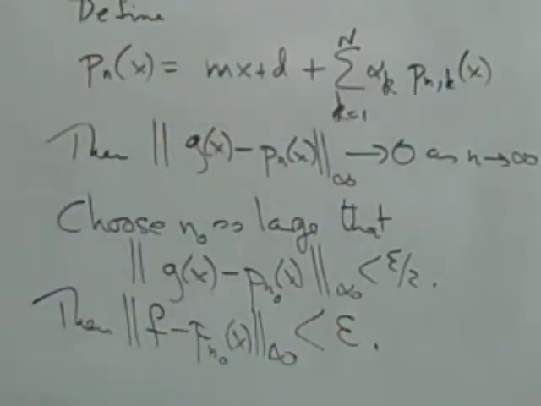So I can get as close as I like to my original continuous function using a polynomial. And it's just based on the fact that I can get as close as I like with a piecewise linear function. I should mention that this is a classical theorem. It has many proofs. So this is just one method of doing this.